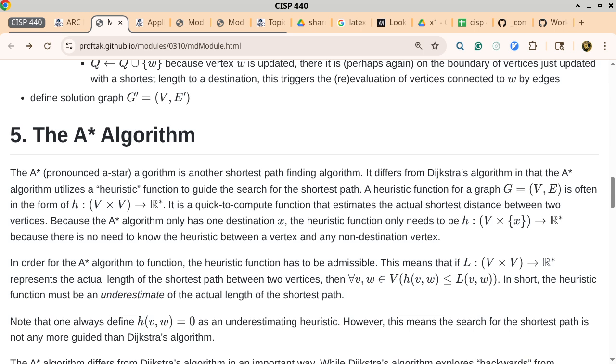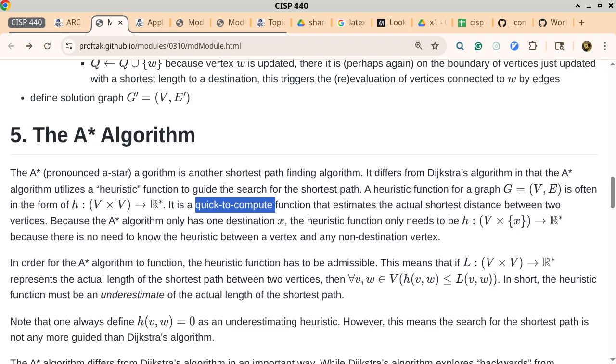And it usually has to be quick to compute, and it has to estimate the actual distance between two vertices. But there's a restriction. It has to be a non-overestimate. So that means the heuristic function can return, at the most, the length of the actual shortest path, but it can be less.